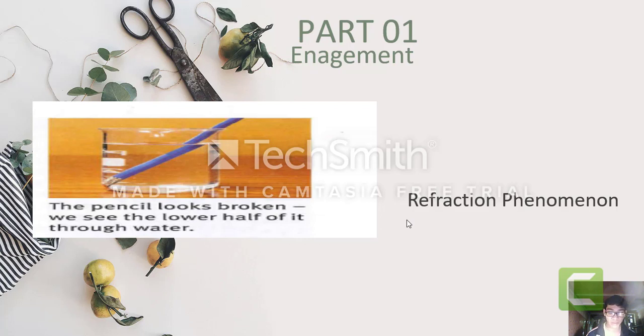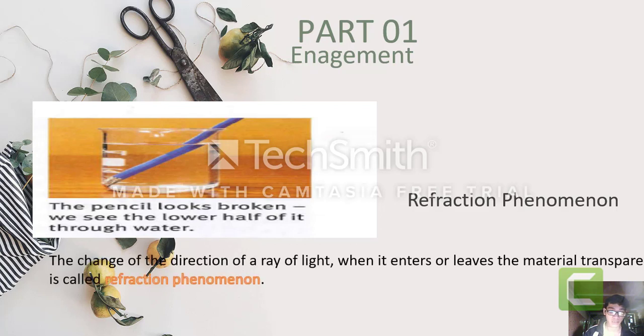And we will go to the definition of refraction of light: the change of direction of light when it enters or leaves a transparent material is the refraction phenomenon. And you can see that the pencil is not a straight line.